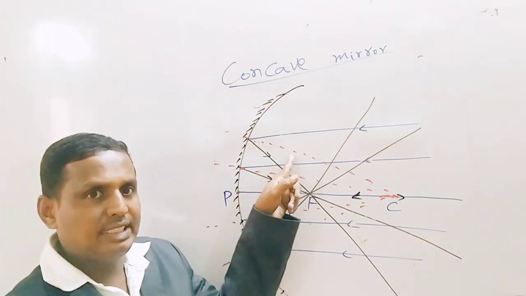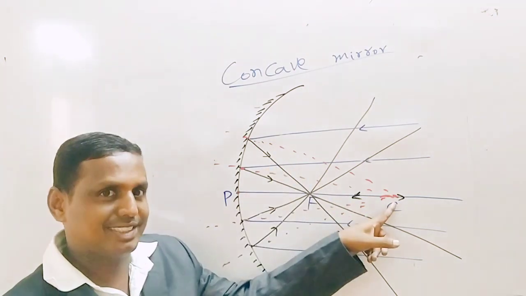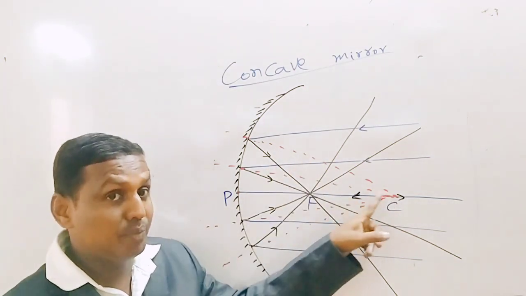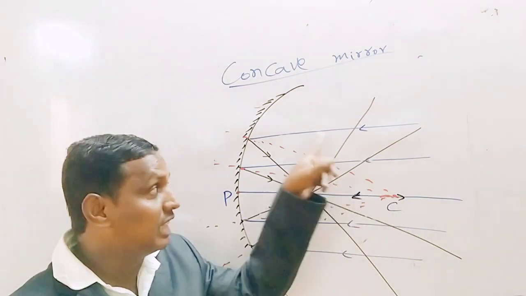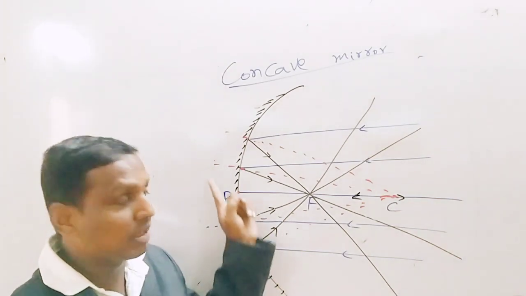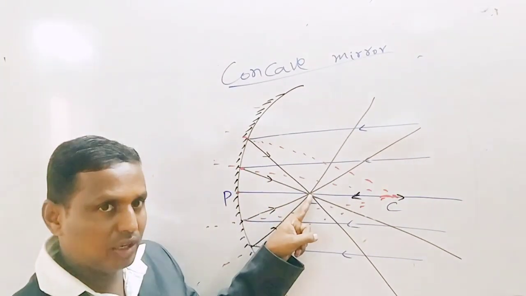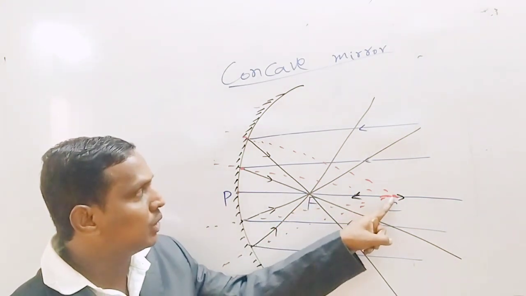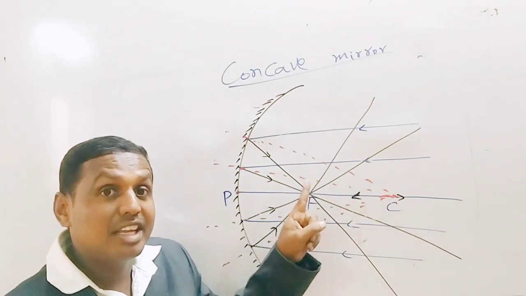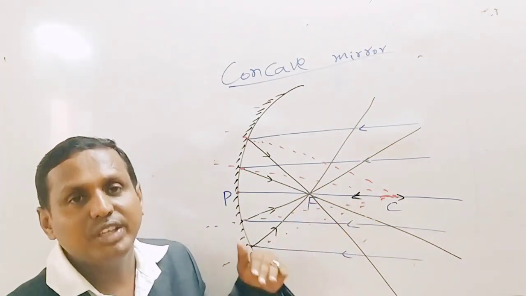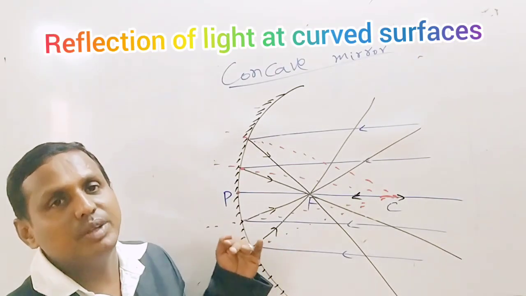The red color shows the normal. All the normals also meet at a point. This point is called the center of curvature. This is nothing but convergence, because here light rays meet at a point, that is the focus, and here normals meet at a point, that is the center of curvature. So this is called converging. We can say the concave mirror is called the converging mirror.